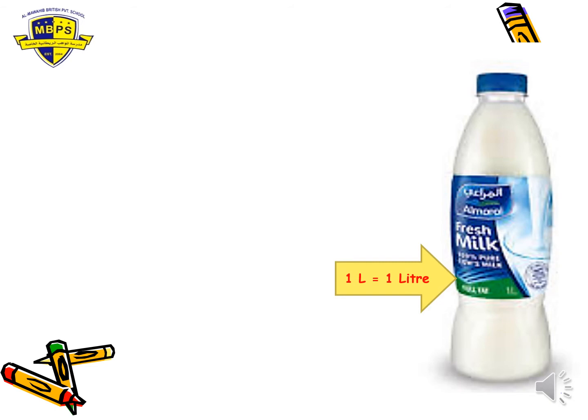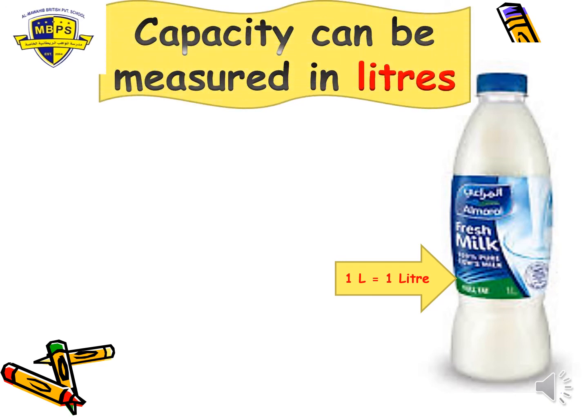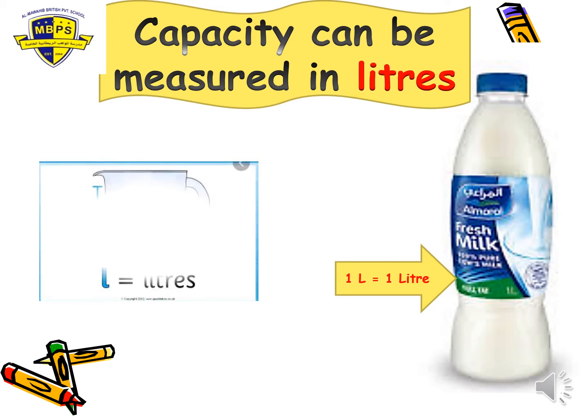Next to the number, it's mentioned the letter L. What does L mean? L means liter. And liter is the unit that we are going to use to measure capacity. So, capacity can be measured in liters. And L is the short form of the word liters.